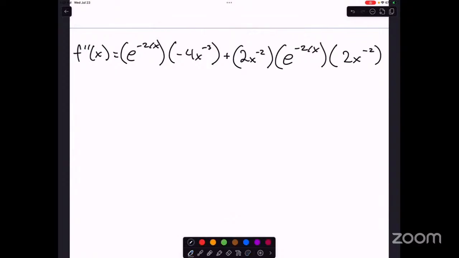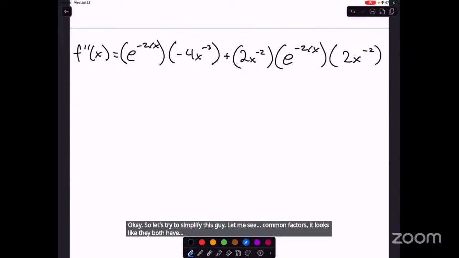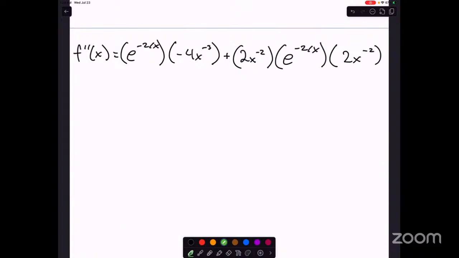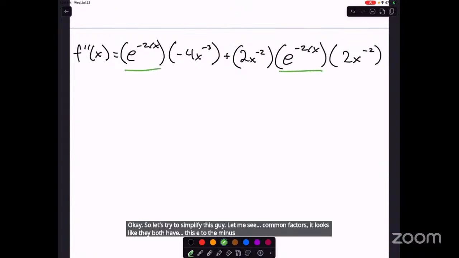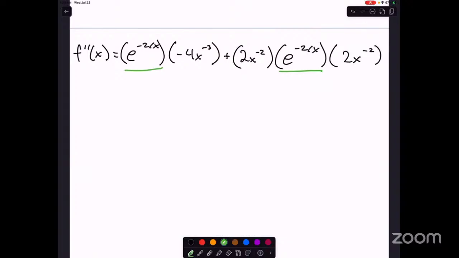Let me see. Common factors. It looks like they both have this e to the minus 2 over x. They both have it. That's kind of throwing me for a loop. We add, that's going to be a 4.